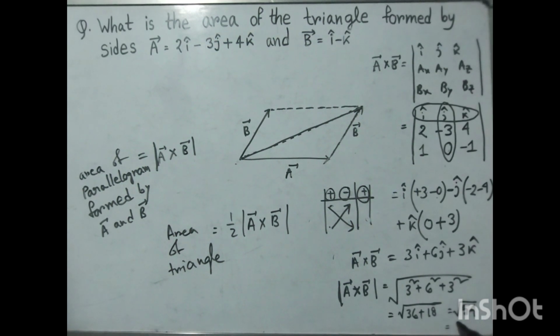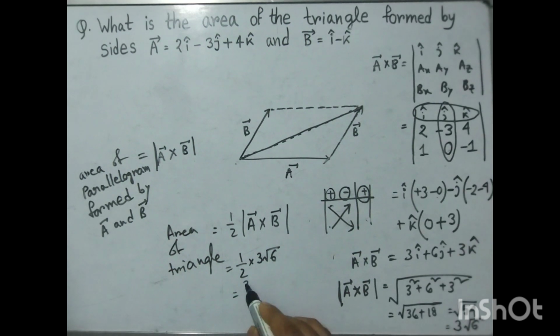That means 3 root 6. Okay, so this will be 1 by 2 into 3 root 6. So that is 3 by 2 into root 6.